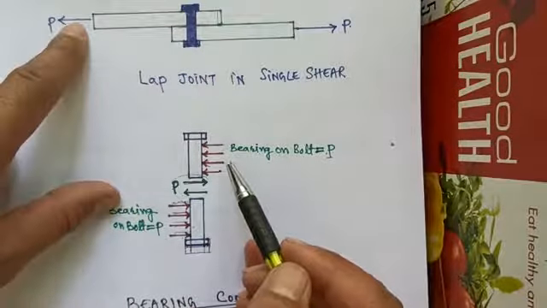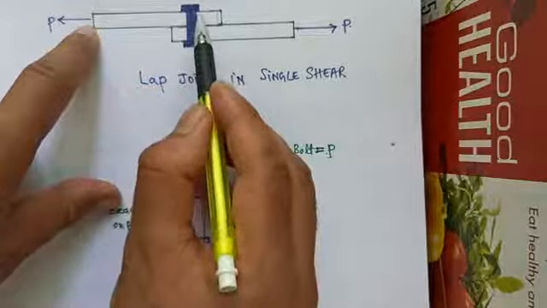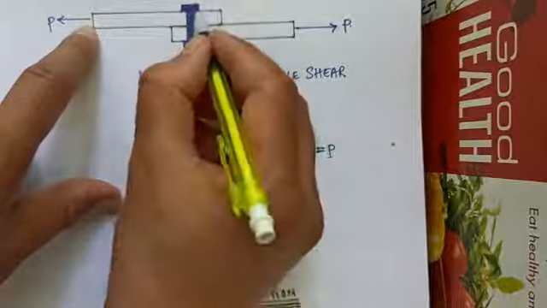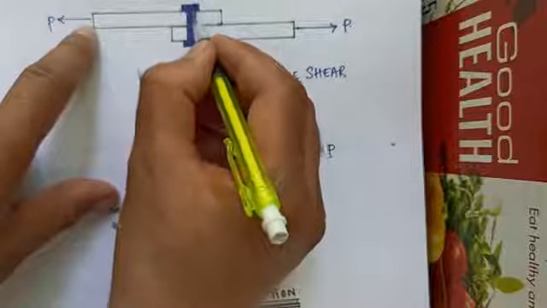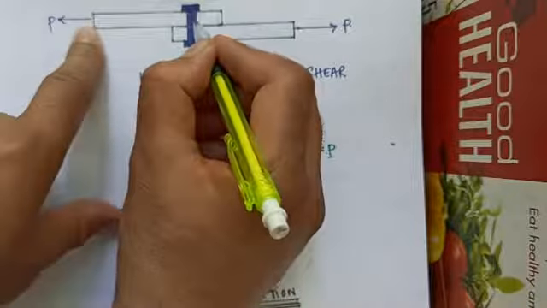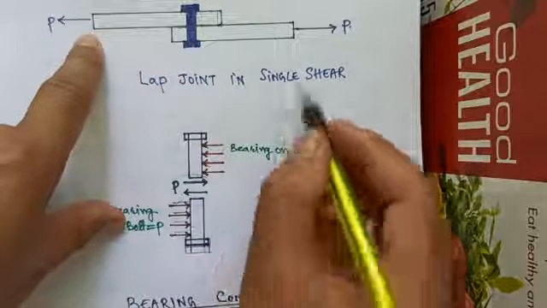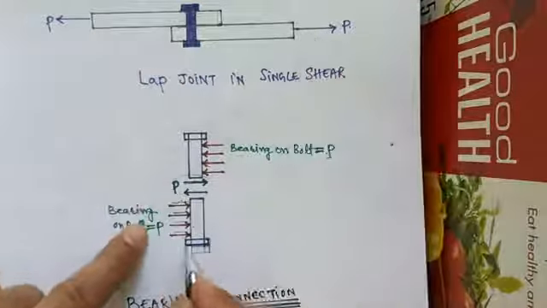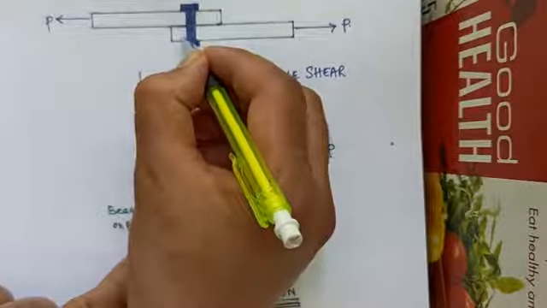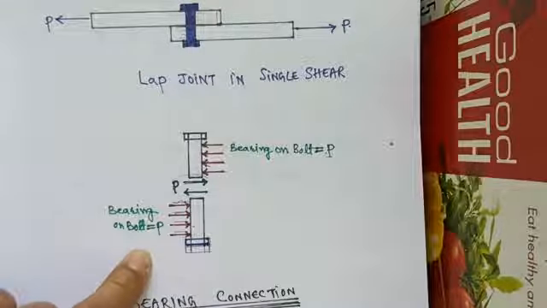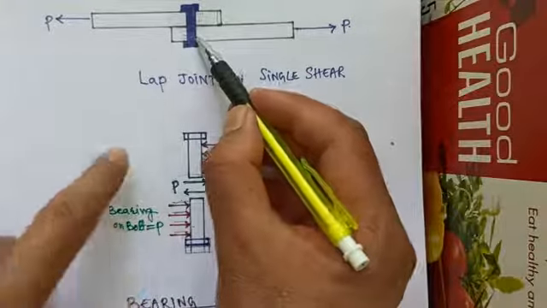So due to this load P, there will be bearing of P on the bolt on the upper side of the plate, and similarly due to this load there will be bearing of P on this side of the plate, because the load gets transferred from the plate to the bolt.